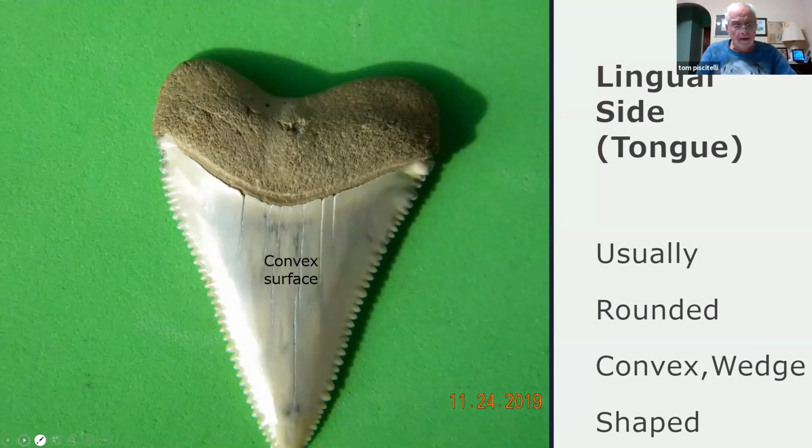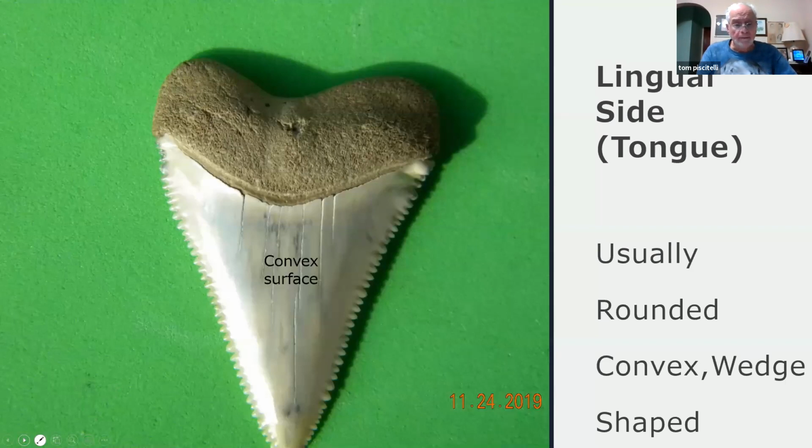And that's what's shown in this picture. So the front side of the tooth, well, actually, I'm wrong when I tell you that, because what's shown in this picture is the lingual side of the tooth, and that is the back side of the tooth. So forgive me, let me start again.